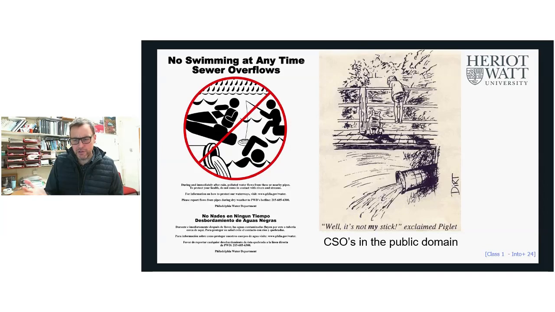It's a game that children quite often play. Sticks always take longer than you expect to come through, etc. So they're playing this game. There's a CSO under the bridge, and so Piglet exclaims, well, that's not my stick. So it's obviously something that's come out of the CSO that Piglet has spotted rather than his stick.